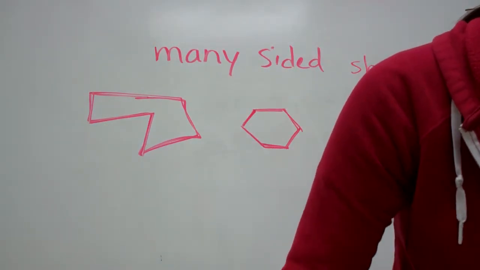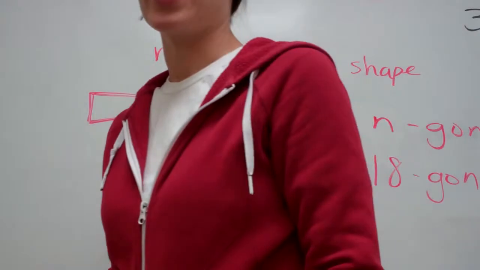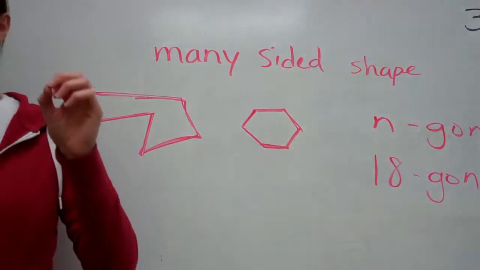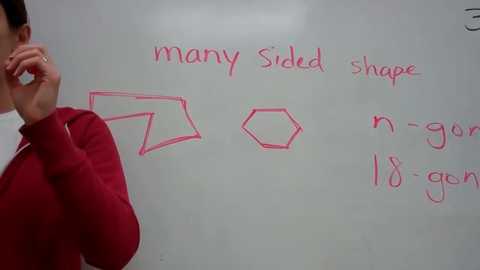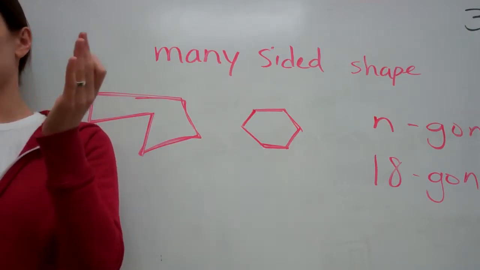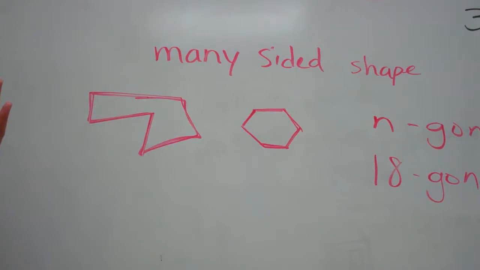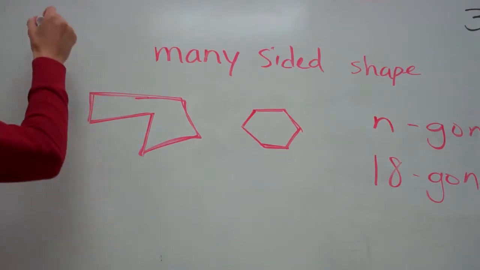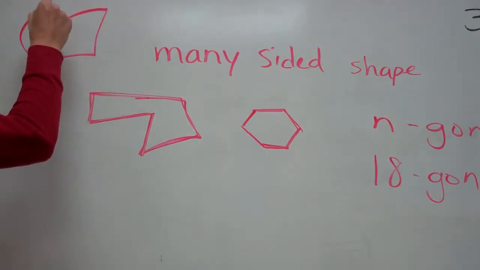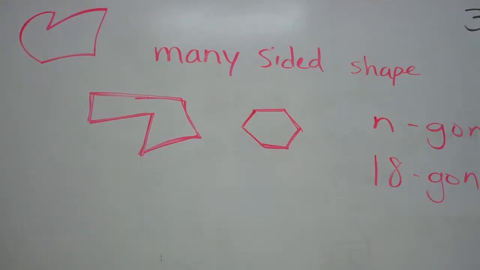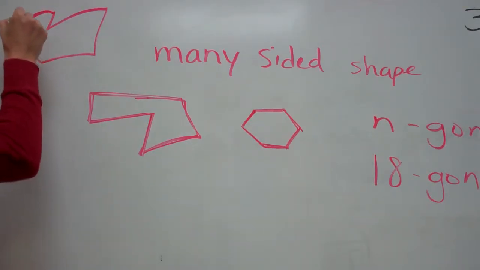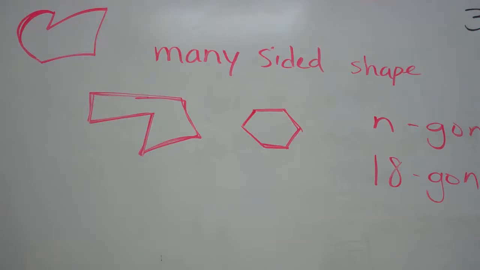Now, what makes a polygon is you cannot have any circular parts. They all have to be lines. So I can't draw this, because that is not considered a side. Someone asks about making little straight lines to make a circle.